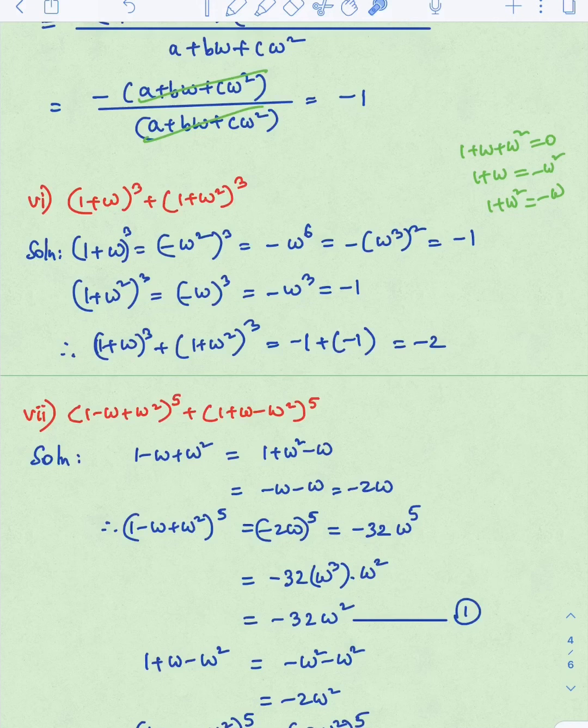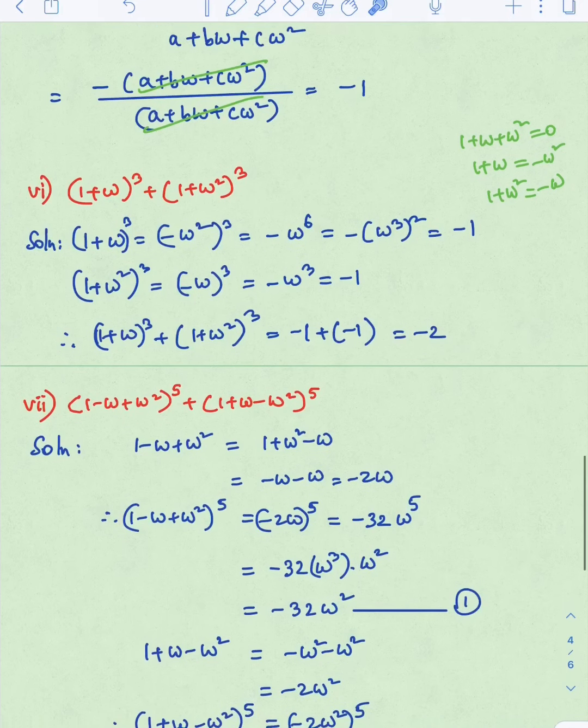And here minus how many cubes are there? 2. 3 2s are 6. So omega cube whole square. Omega cube is 1. 1 square is 1. Minus 1. So we are going to add them. That is this one plus this one is equal to minus 1 plus of minus 1. That is plus into minus is minus. Minus 1 which is minus 2.